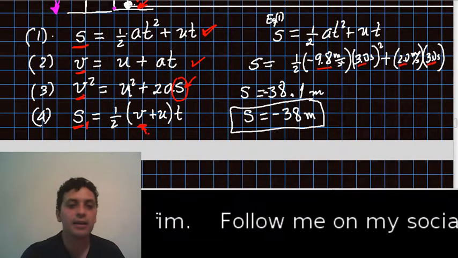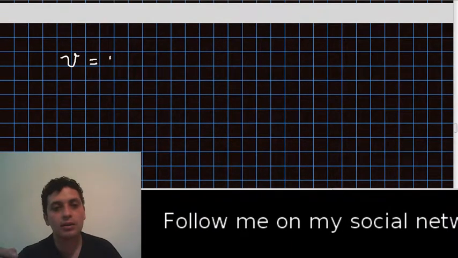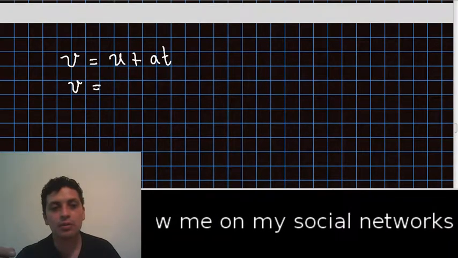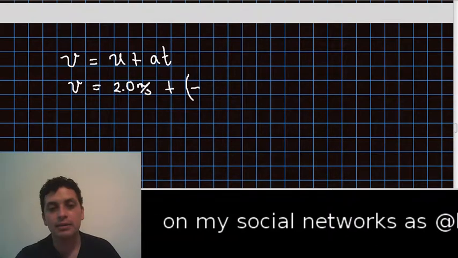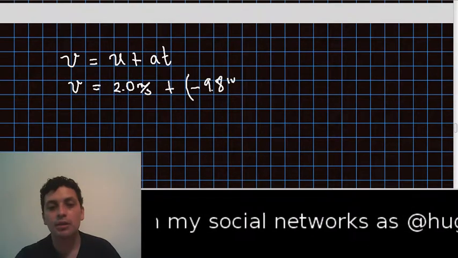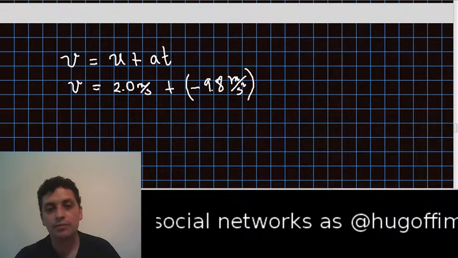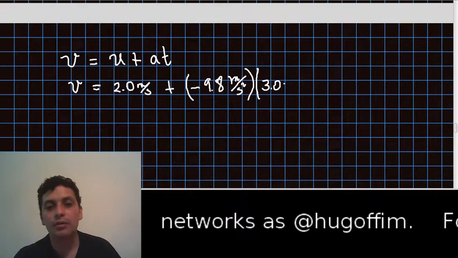And finally, to find the velocity, we're going to use the other equation, that will be v equals u plus at. So v equals 2 meters per second plus minus 9.8 meters per square second times the time, that was 3 seconds.